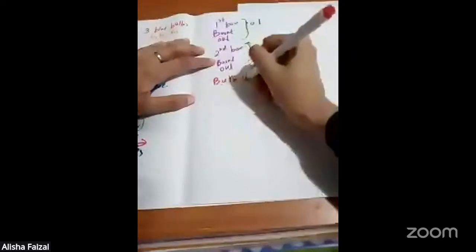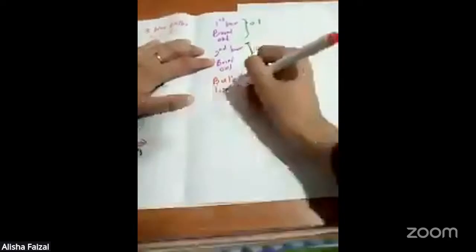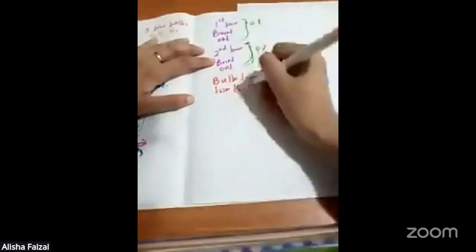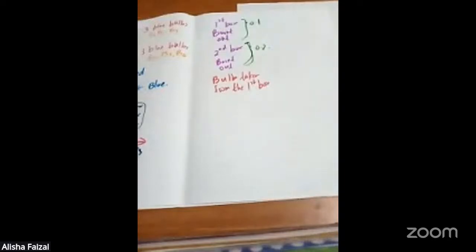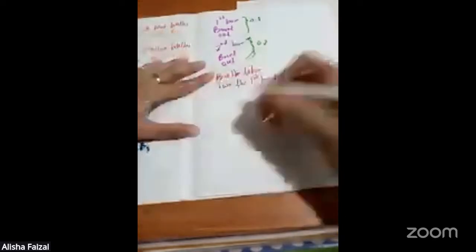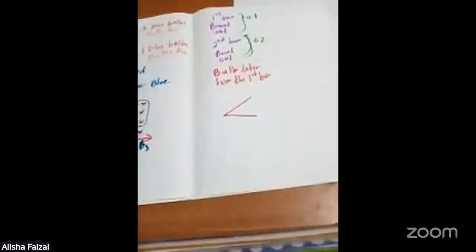The information they have given is the bulb taken from the first box. I'll write in short form. Your exam paper has been given wrong. Right. So how have they given it? They have given something like this. This is called a tree diagram.